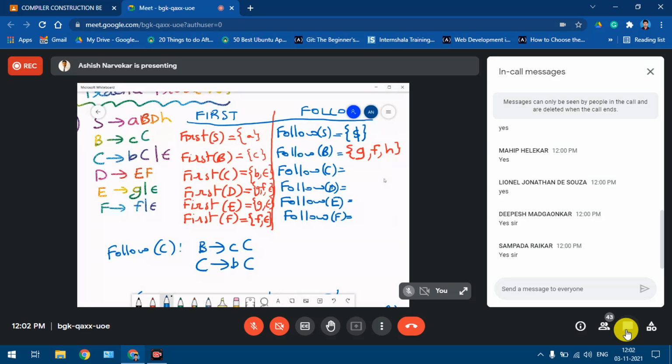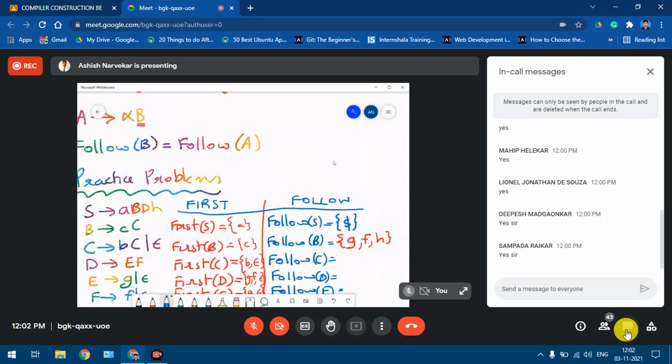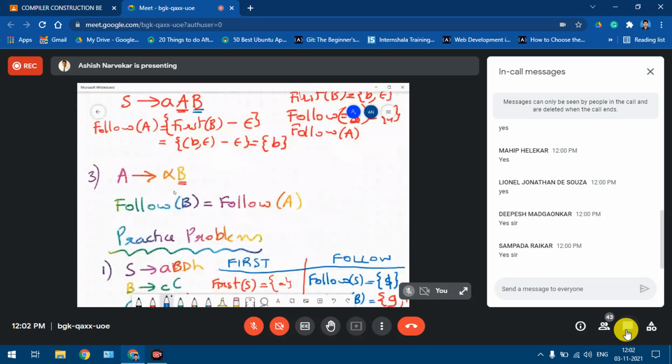So let's look at our rules. What this particular rule says is, suppose we have a production of the form A derives alpha B, where we need to find the follow of B. In such a case, follow of B will be equal to follow of A, because after B we do not have anything following it.